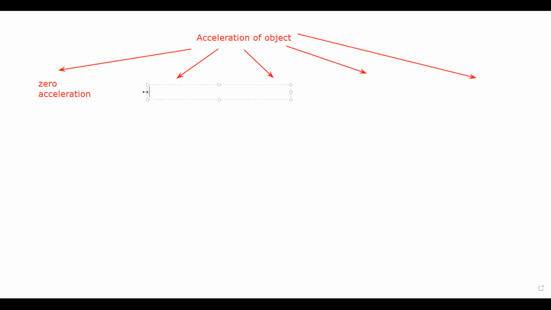The object may have a uniform or constant, uniform or constant, same thing, acceleration. It may have increasing acceleration. It may have decreasing acceleration.